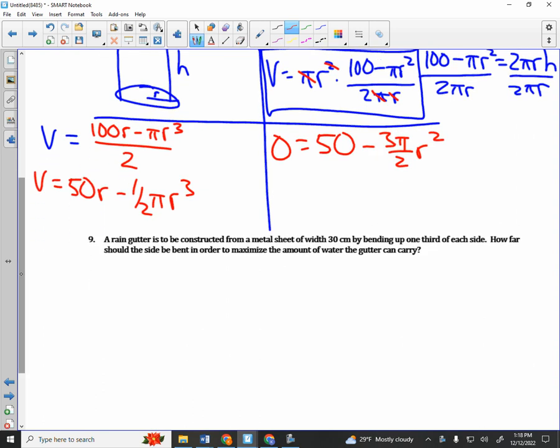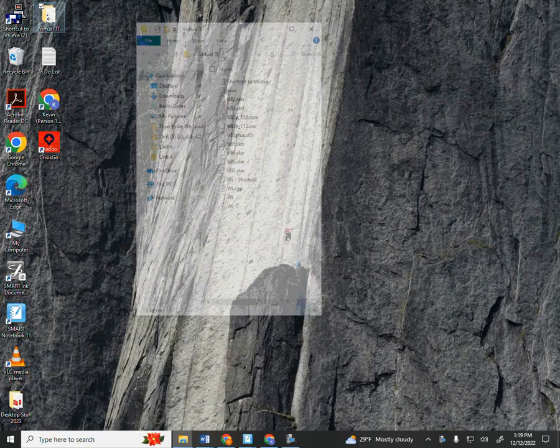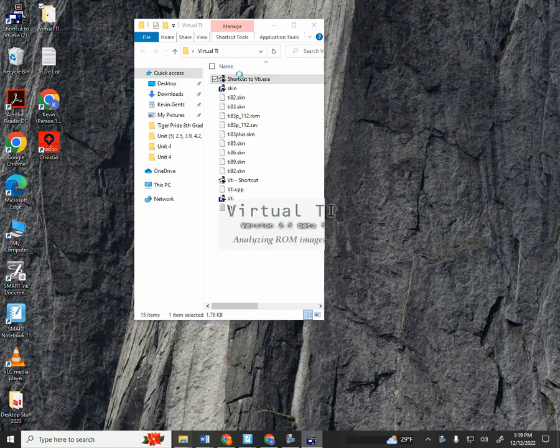Got to solve that, right? So I'll add the 3 pi over 2 r squared to both sides, equal to 50. Now what?